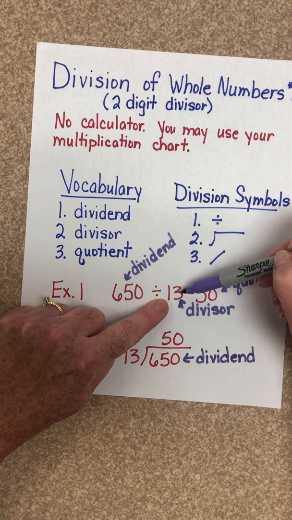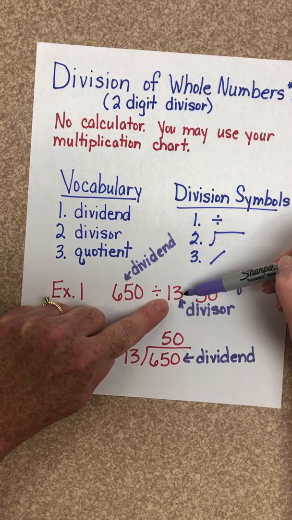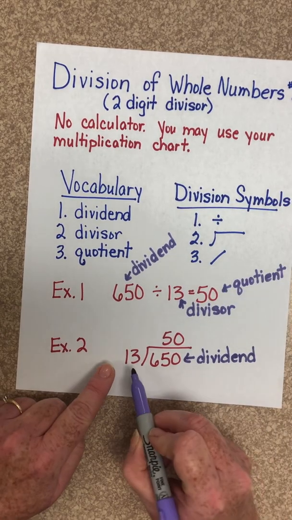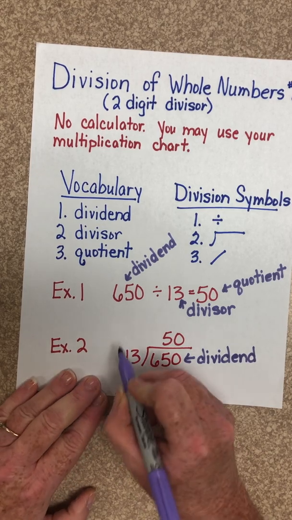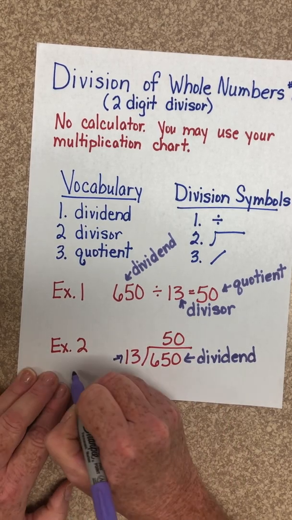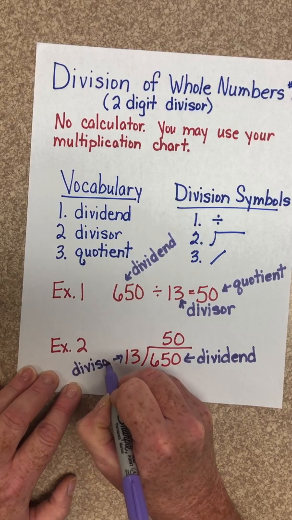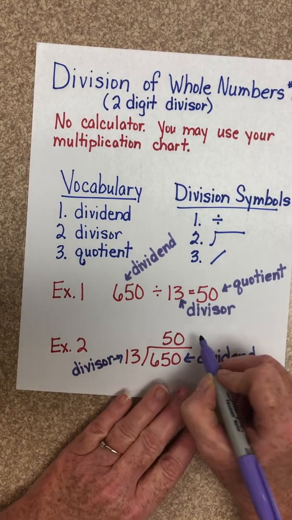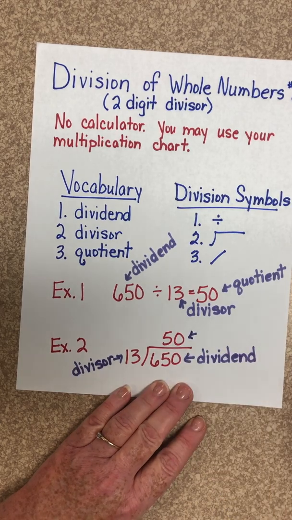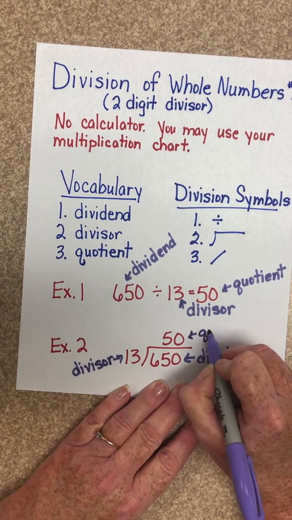The second number, when written horizontally, is the divisor. That is written outside of the box. And again, the answer to division is the quotient.